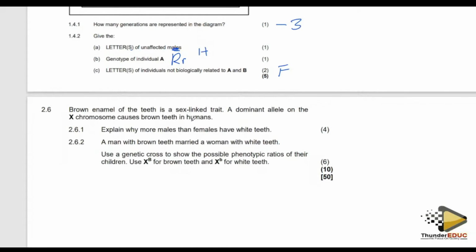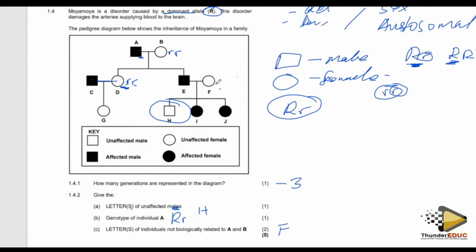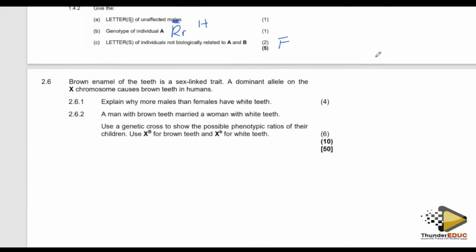Now here, they have specified that this is sex linked. So in the question, if they don't specify that this is a sex-linked disorder, please do not talk about X and Y. However, here we have not talked about X and Y. So please find out whether it is caused by a recessive allele, dominant allele, sex-linked, or autosomal, meaning non-sex-linked.